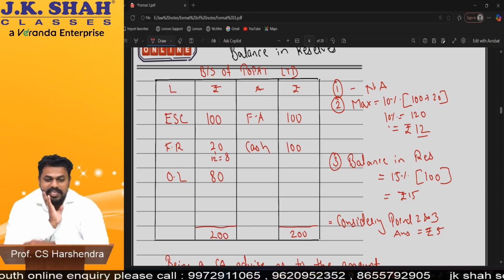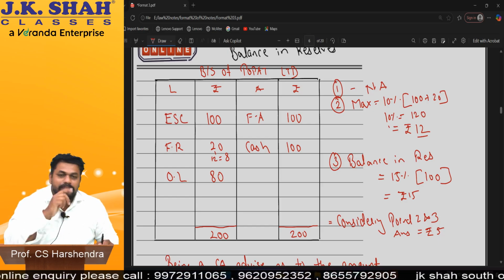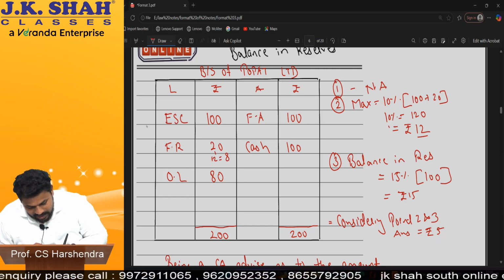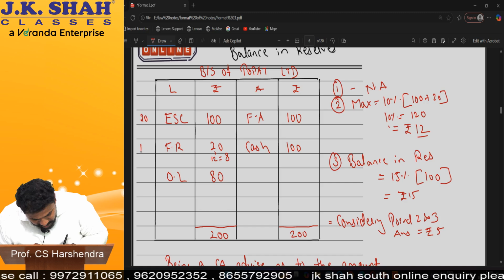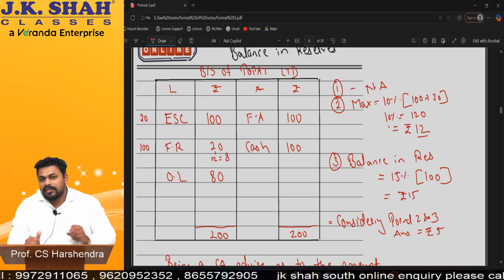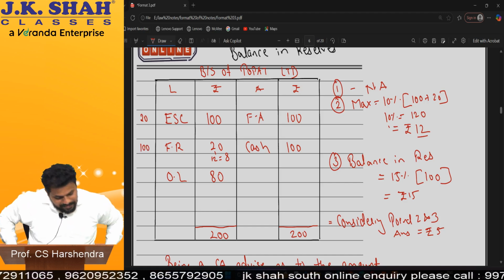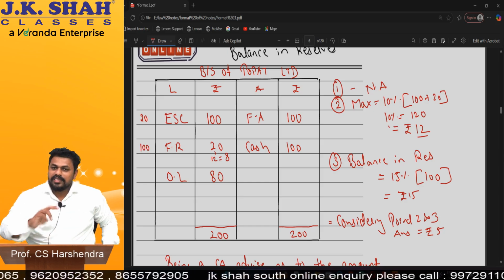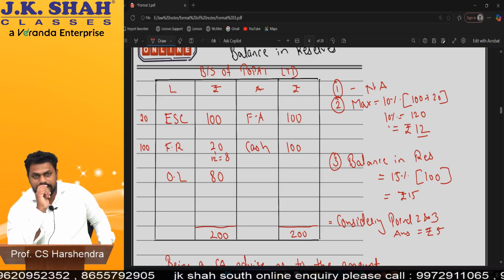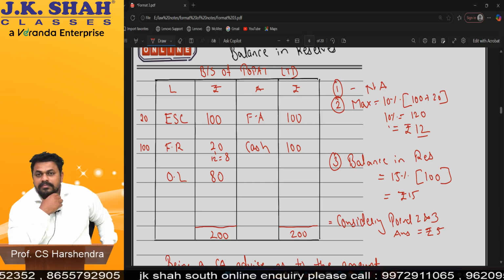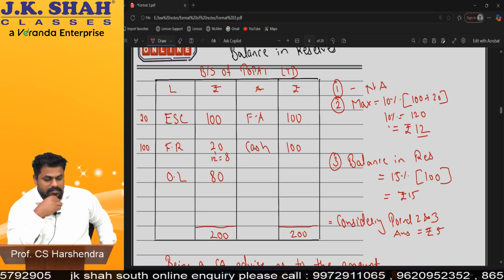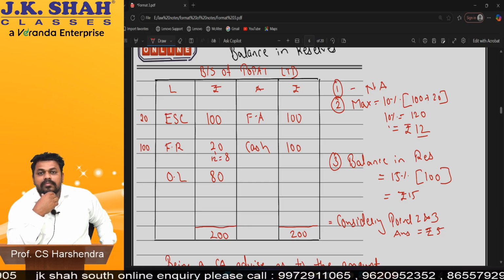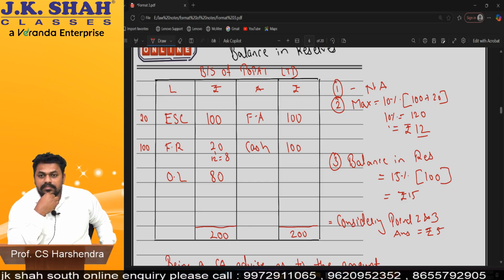Okay. Achha, if I change the question a bit. For example, I make equity share capital 20 and free reserves 100. What will be the answer? Tell me. Just interchanged. ₹3.